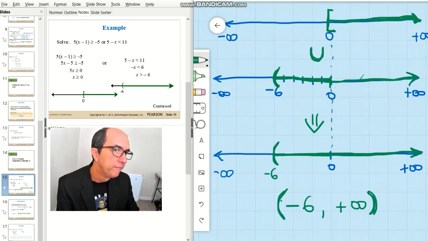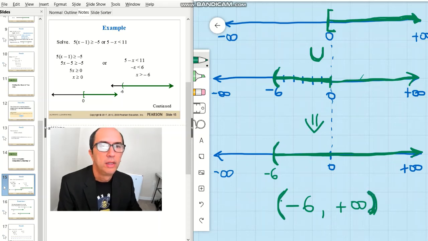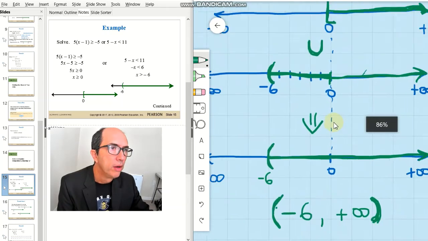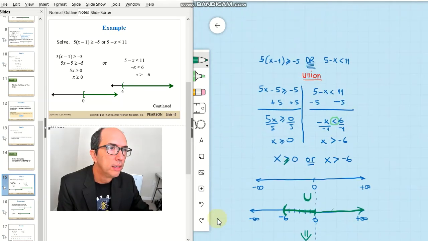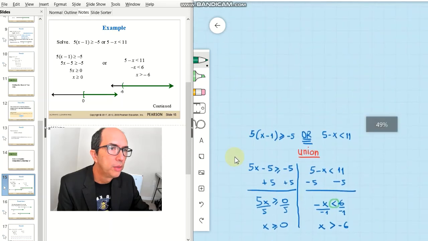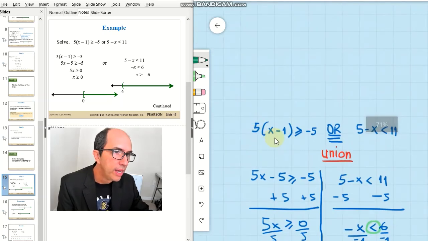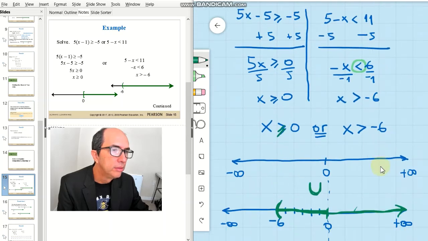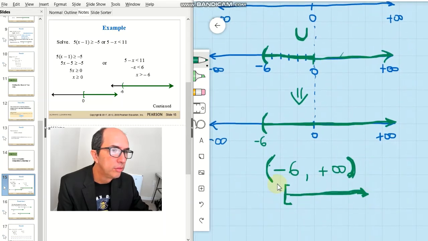Okay? This is the result of the union of these two inequalities, 5 times x minus 1 greater or equal to negative 5, or 5 minus x is less than 11. The result is this interval, parenthesis negative 6 comma positive infinity parenthesis.